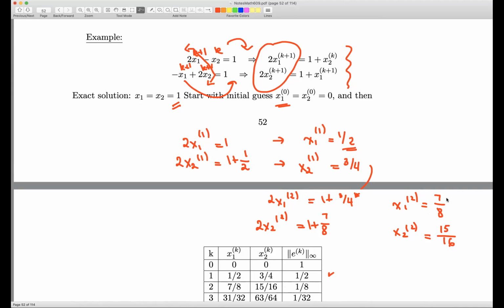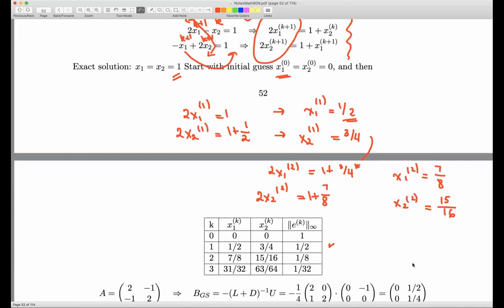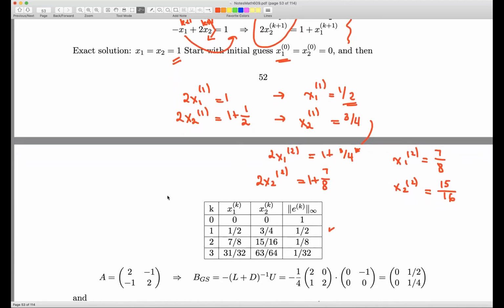And now if we compute the error, it will be 1 minus 7/8 and 1 minus 15/16. And the L infinity norm of this error will be 1/8. And one can also compute the components x1 and x2 of the third output of the iterative procedure.